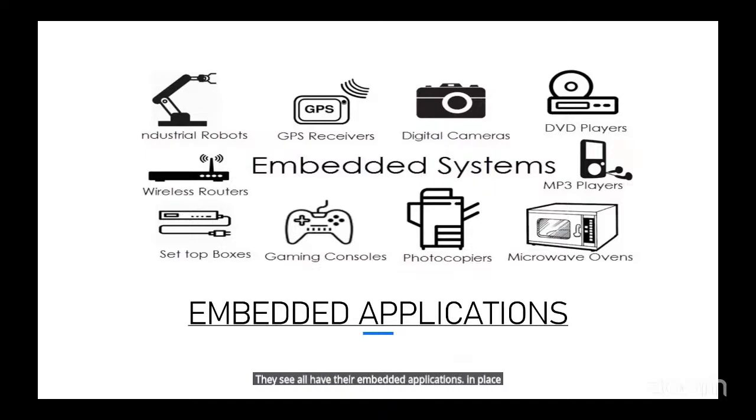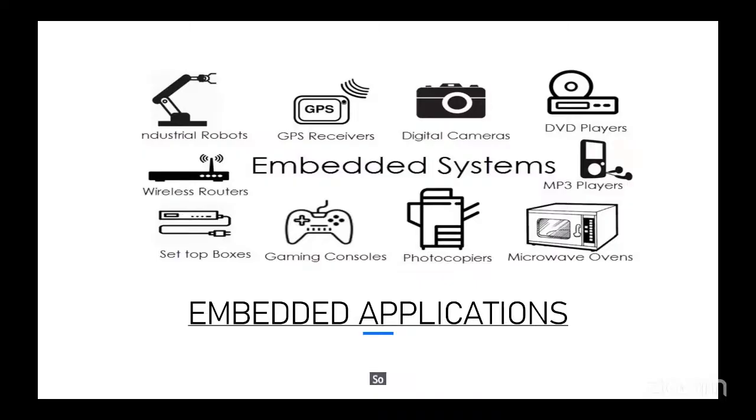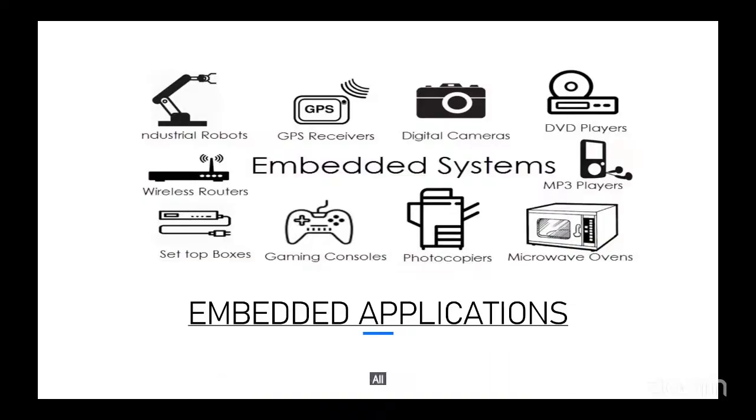And we have to think about how we can improve and optimize the products. We have to continuously work on improvements and on being environment friendly. All embedded products will have certain emissions, so we have to take care of our environment while designing the products.